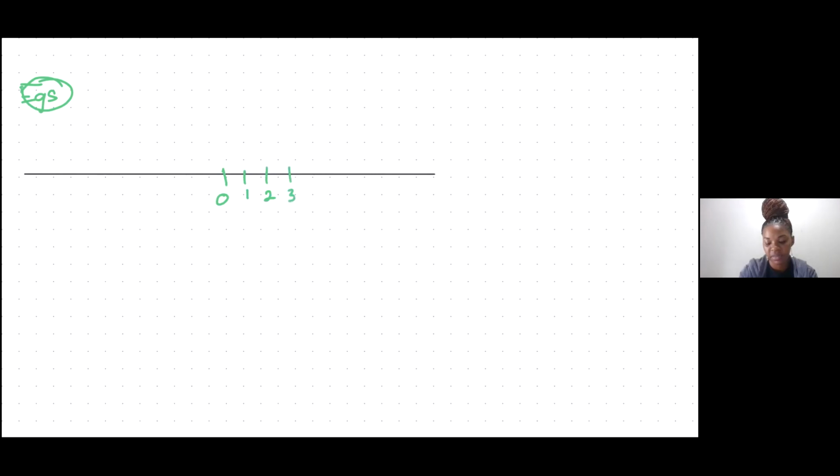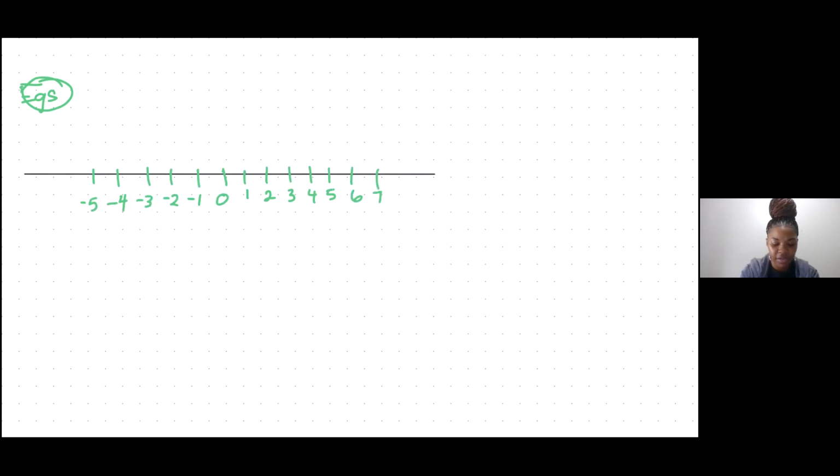Remember the name of these numbers? Positive numbers. Then we're going to do some negative numbers. And I am going to create some questions.